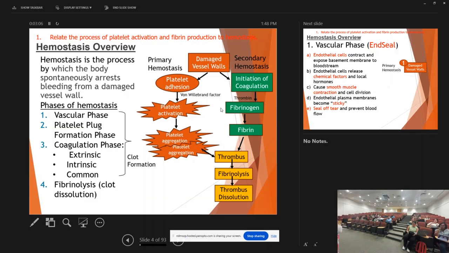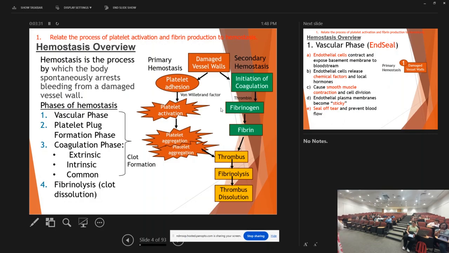So there's bleeding, right? We have to stop the bleeding, and stopping the bleeding means forming the thrombus. That's our goal, forming the thrombus. So here we have these phases: vascular phase, platelet formation phase, and then the coagulation phase, which all 3 together is the clot formation.